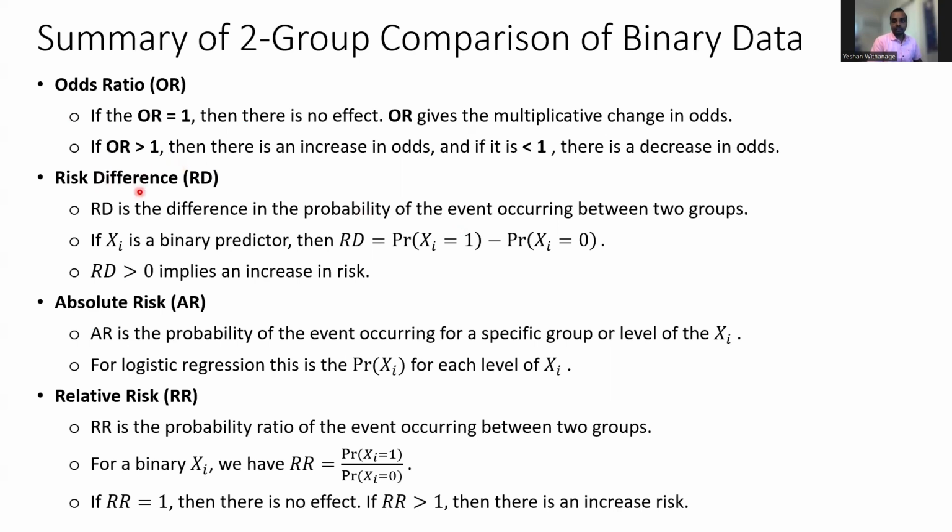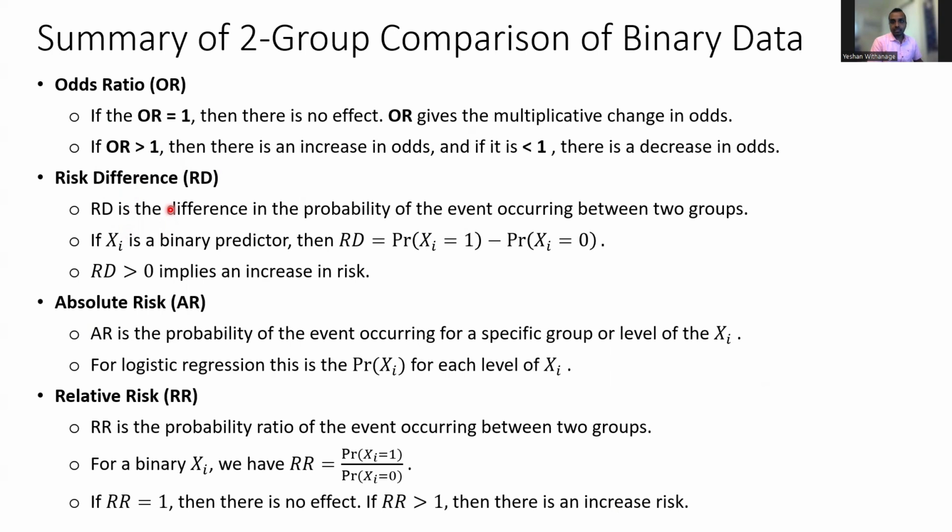And the risk difference is related to X, the regressors or the predictors. Risk difference means the probability difference of occurring between two groups of a given predictor variable. Positive risk difference implies an increase in risk.